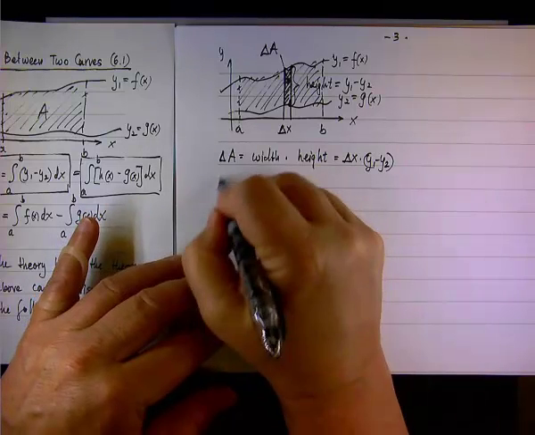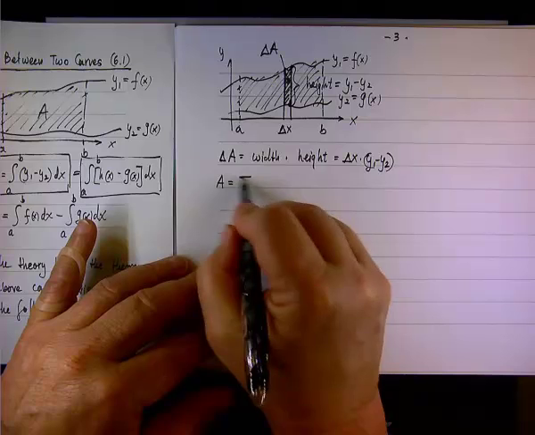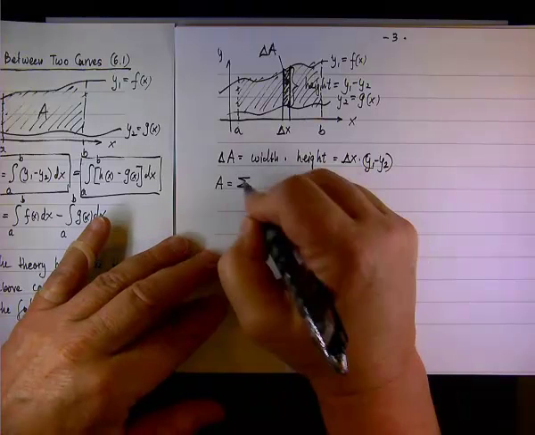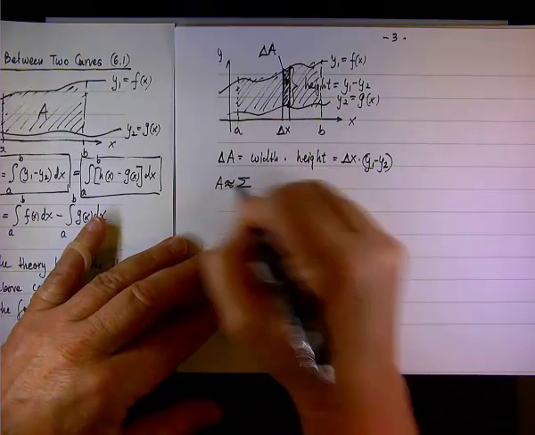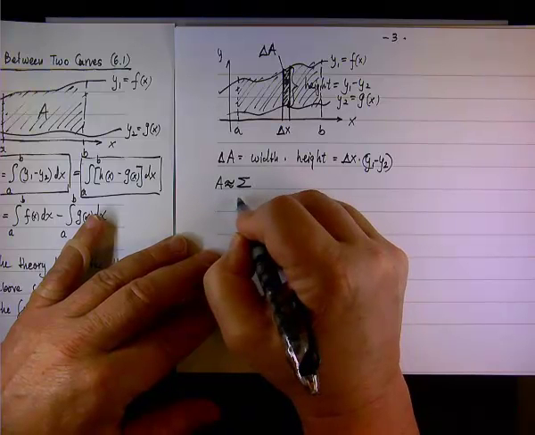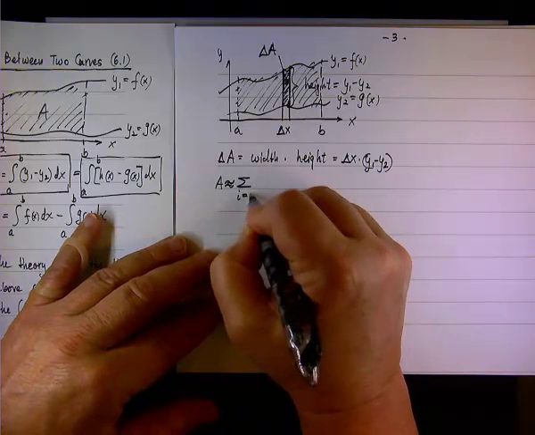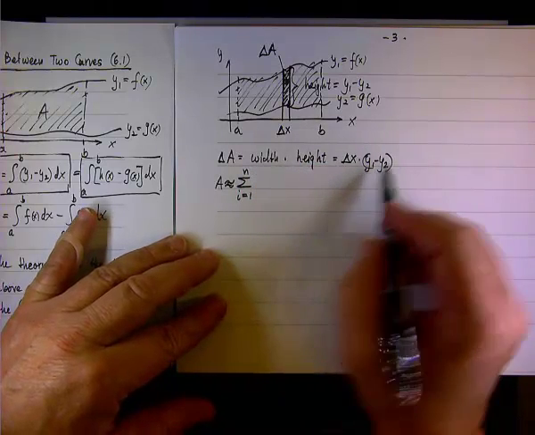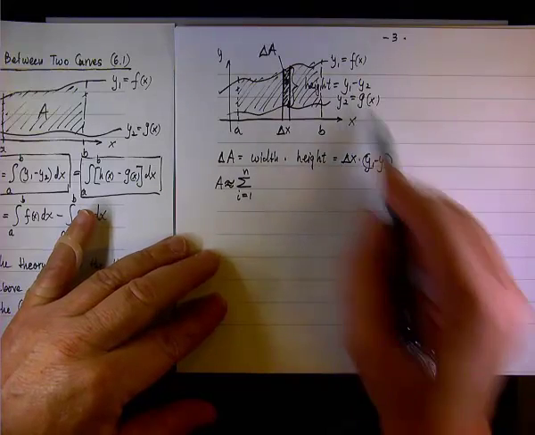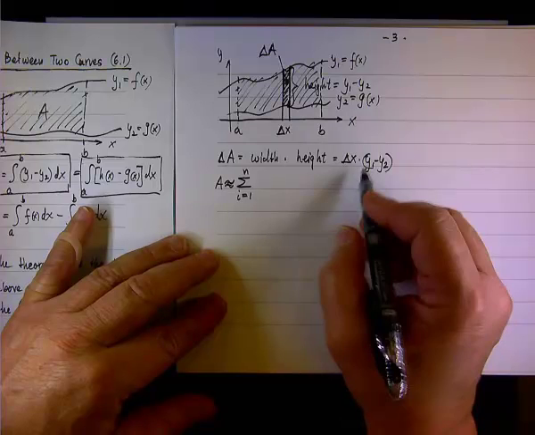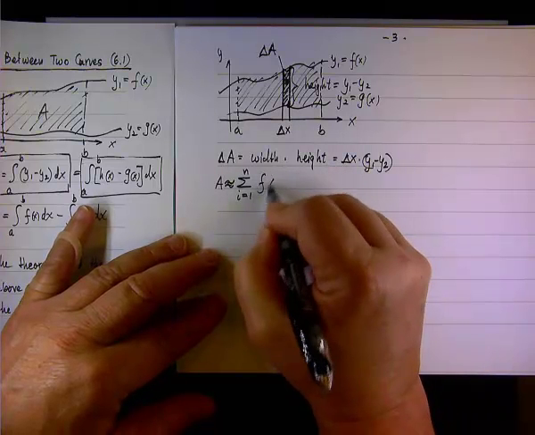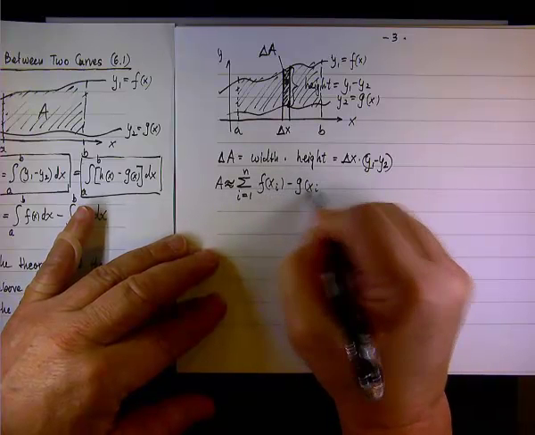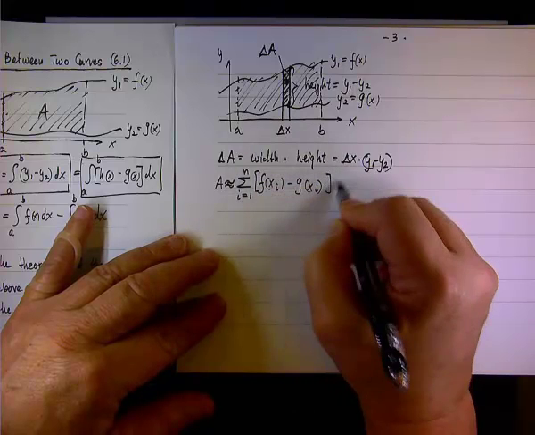So the area itself will be the sum. And if we have n pieces like that, the area will be approximated by the sigma from 1 to n of y1 minus y2, but y1 is f of x and y2 is g of x, so instead of writing y1 minus y2, I write f of x sub i minus g of x sub i, and I'll multiply it by delta x.